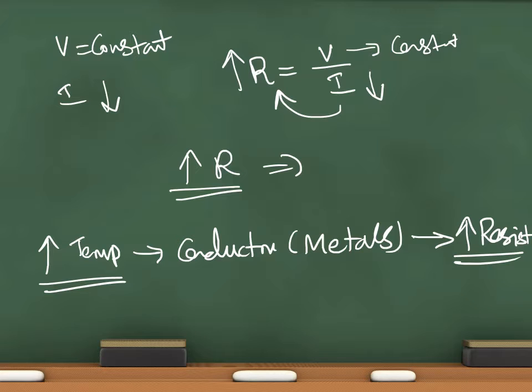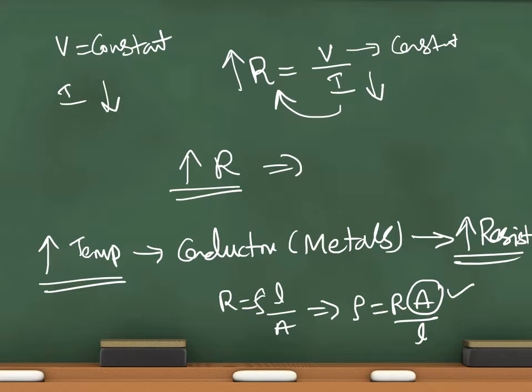This increase in resistance means R equals rho L by A, and rho equals RA by L. Area is constant, the material area won't change if you increase the temperature, and length is constant. Then due to the increase in R, there is an increase in resistivity.